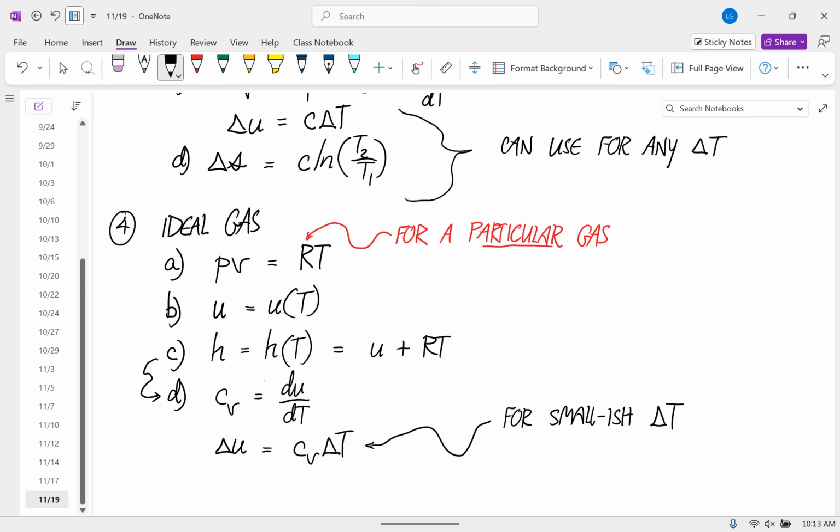Is Cv the one that diverges or Cp? I know they both do. Which one does it a lot though? It's for ideal gases where it happens a lot. They both do it the same amount. I mean, because we'll see that Cp is equal to Cv plus R. I thought you said that like one of them you can only do for a small range, and then one of them like 20 degrees is fine.